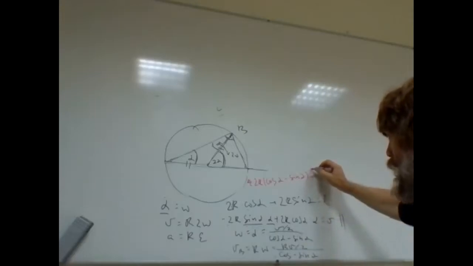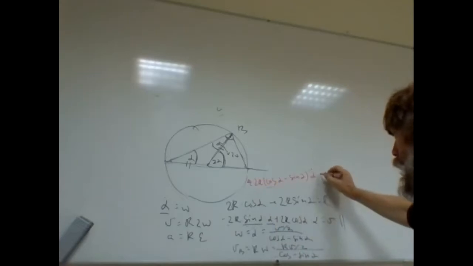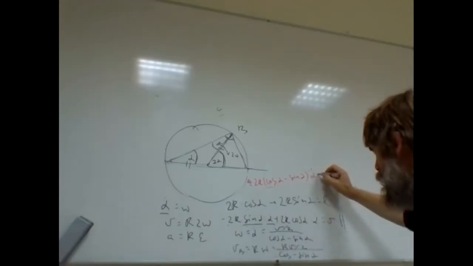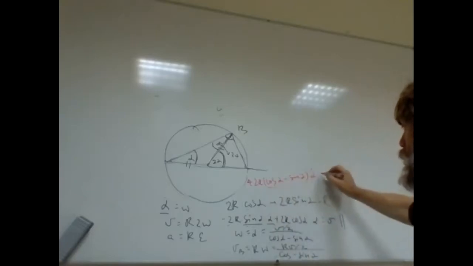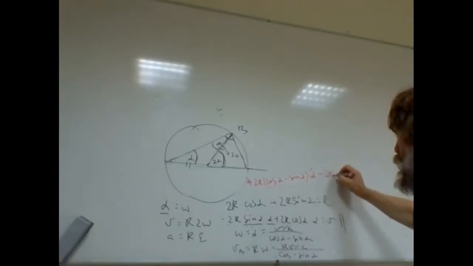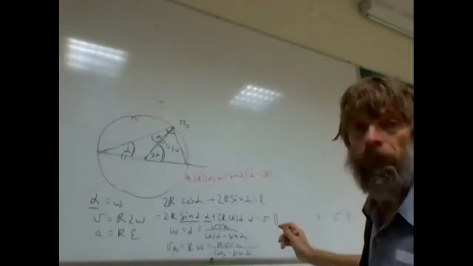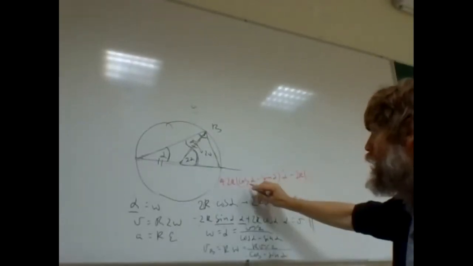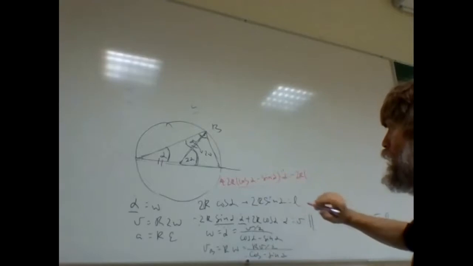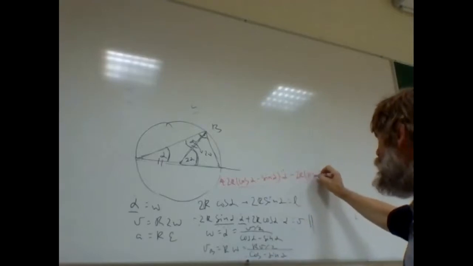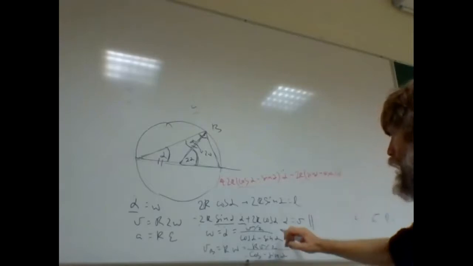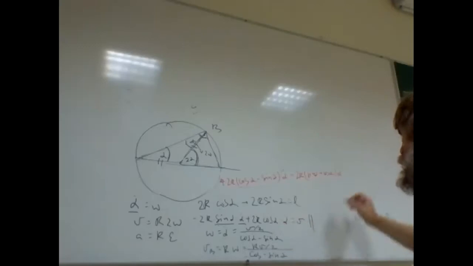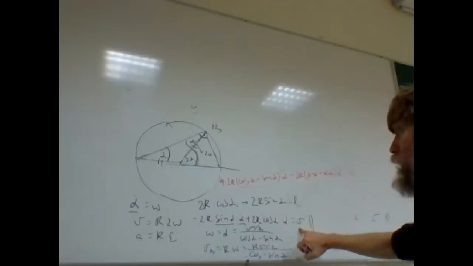I take the derivative of this alpha dot, but I still need to take the derivative of that thing here. So this goes now with plus, but the derivative of cosine is minus sine. So everything will actually be with minuses. So it will be minus 2r still, and then the derivative of cosine is sine, and the derivative of sine is cosine. So it is going to be sine alpha plus cosine alpha and alpha dot now, because I took the derivative here. And all this equals 0 because v is constant.